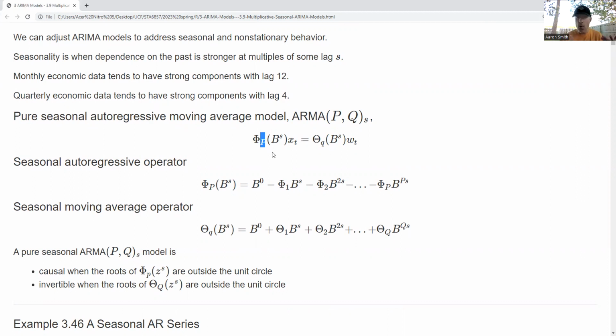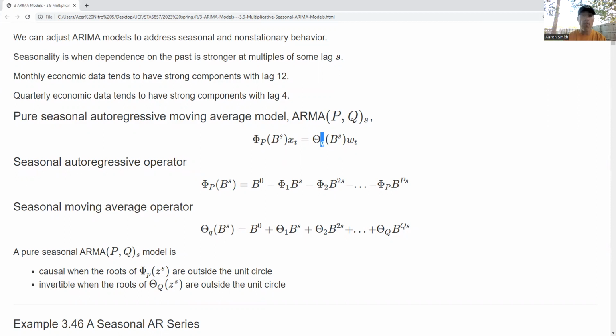In this notation, the capitals refer to the degree of the seasonal aspect, and lowercase refers to the regular degrees. Here, capital P gives me the degree of the seasonal autoregressive. Here I've got capital theta for seasonal moving average, and that should be a capital Q. I messed up. So capital Q indicates the degree of the moving average.